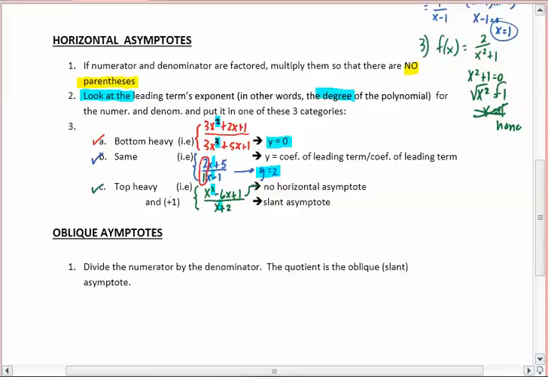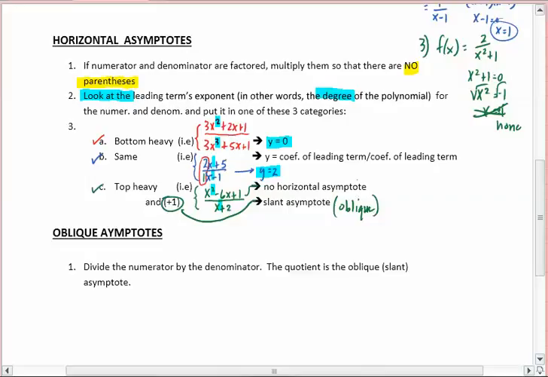But if the top heaviness is such that the top is 1 larger than the bottom, then we know that there's a slant asymptote. That's the same thing as oblique.